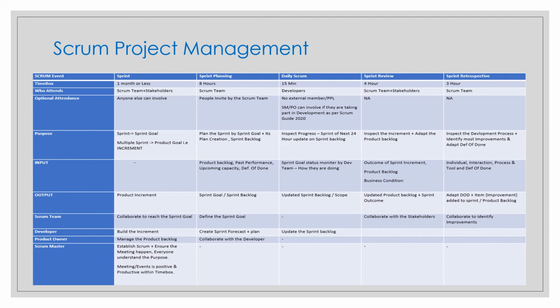Let's take an example: there is a release, and the team is working on a particular project. The release is in the third week, and the client wants it released in the second week because it is highly important. Otherwise, there will be no use for that particular feature or product.